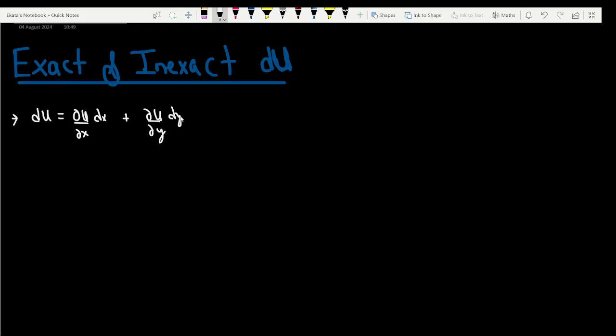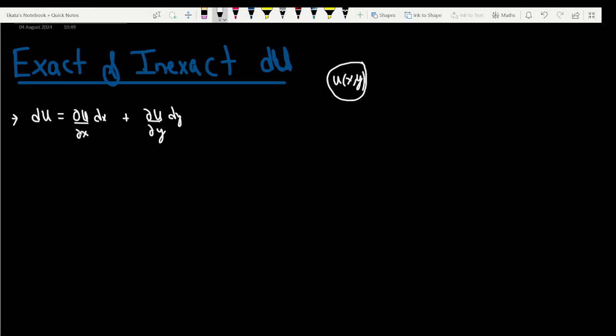So this is how we can define the differential of a particular function. Here u is any function. So let's say u of x, y is any particular function which is dependent upon both x and y. That is why I use these partial derivatives.